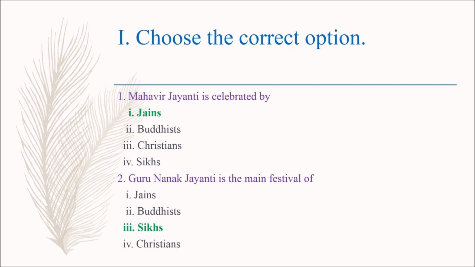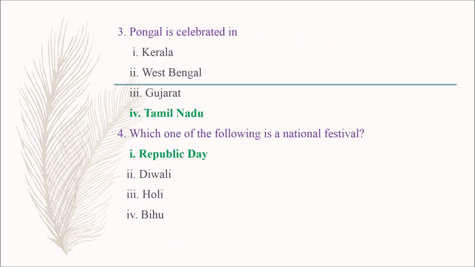So the correct answer is option 3 Sikhs. Question number 3. Pongal is celebrated in option 1 Kerala, option 2 West Bengal, option 3 Gujarat, option 4 Tamil Nadu. So the correct answer is option 4 Tamil Nadu.